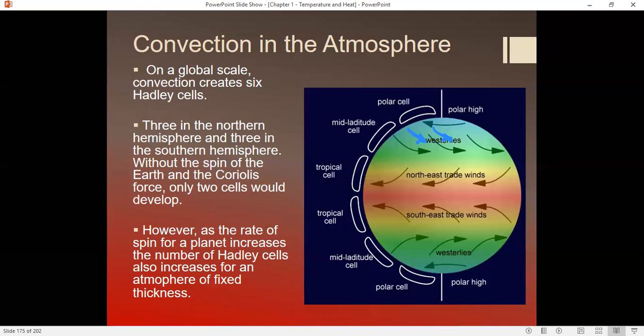So watch the weather. It's always coming from the west in our location. That's not true if you live in Florida. The tropical storms will start from the east and head west. And again, that's because they're under a tropical convection cell, whereas we are under a mid-latitude cell.